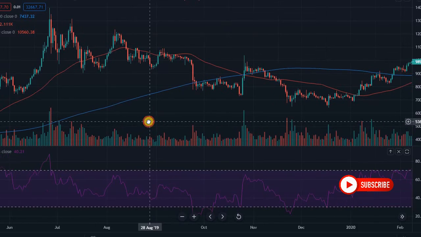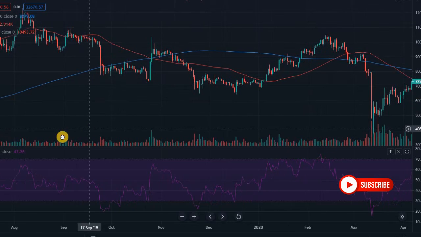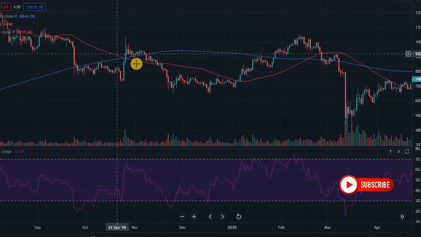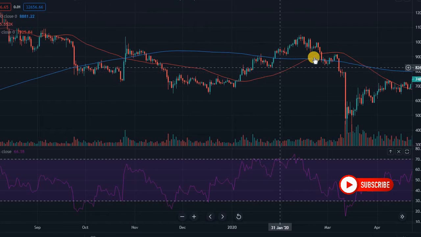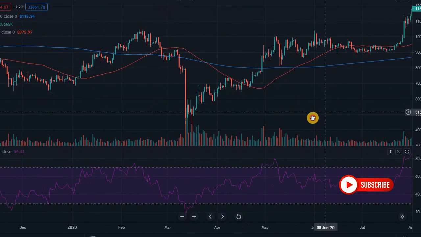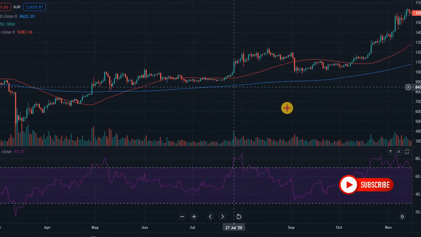If you see out here, a death cross happened, but despite this death cross, we came out of it. We came out of it in a couple of attempts, and then I think this run continued. So this is also one case. In fact, this whole bull run continued after that.